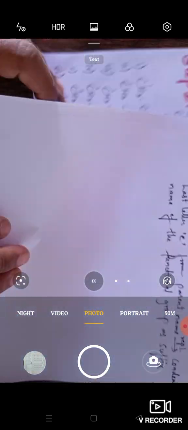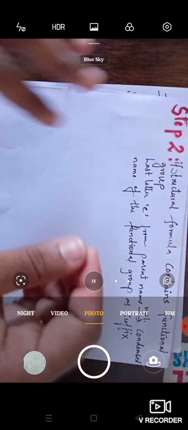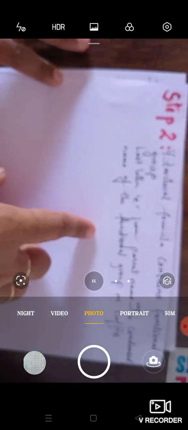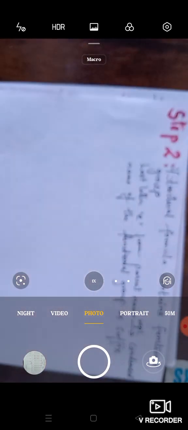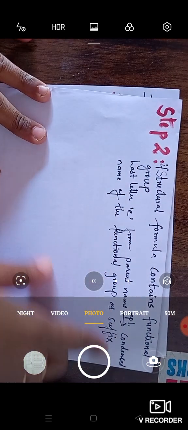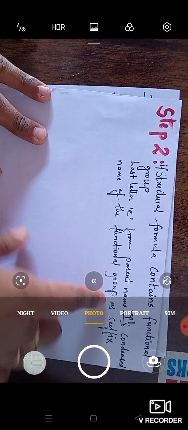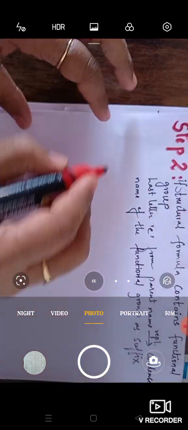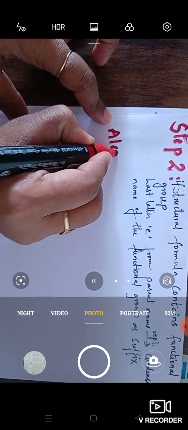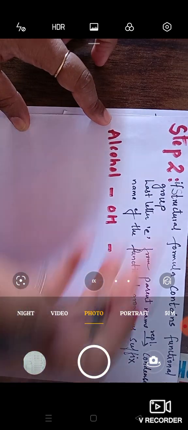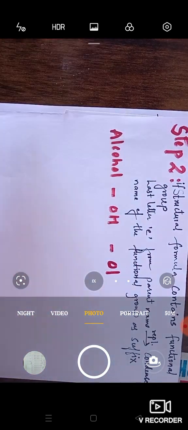So if the structure contains a functional group, then we have to remove that last "e" from the parent name, and it will get replaced by the condensed name of whatever functional group is present. For example, if alcohol is present, alcohol means an OH group is present, so its condensed name would be "ol".